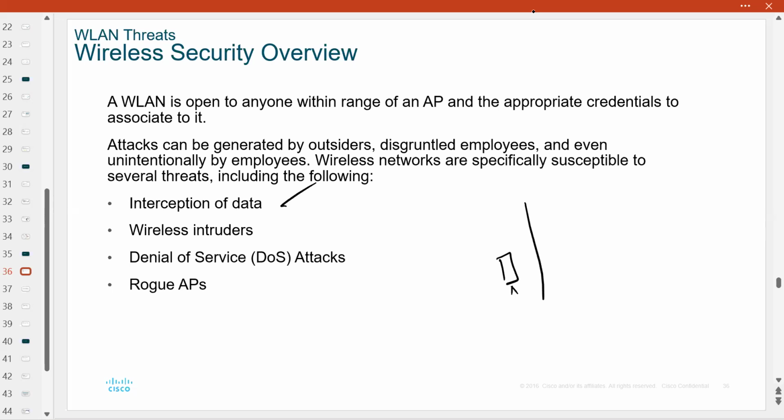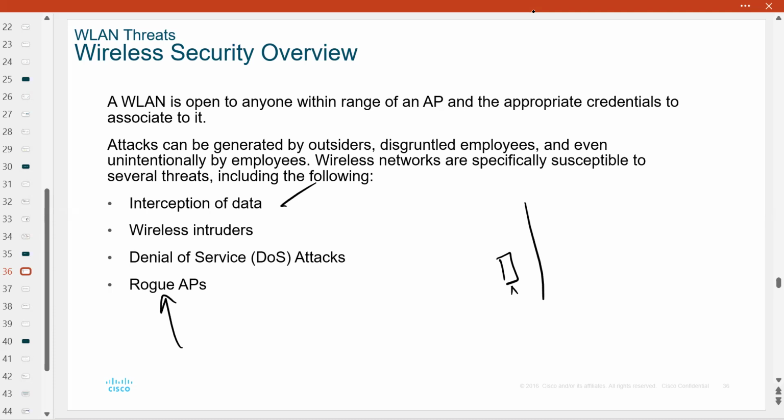Interception of data. Since we are communicating wirelessly, we are using a shared medium, we can have what we call a man in the middle, where a device or an access point, a rogue access point, can intercept data and use that data maliciously.